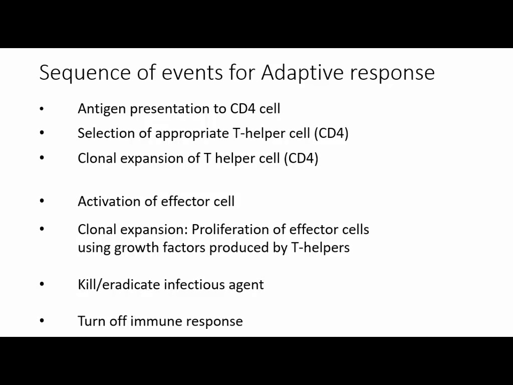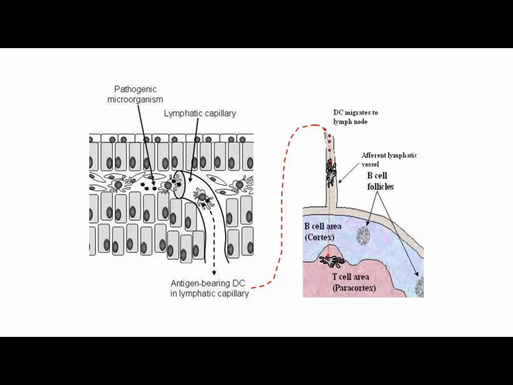MHC1 or MHC2? MHC2. So you see the problem here? We want to get help for a viral infection, yet generally speaking, viruses are presented on MHC1. But in this scenario, what we need is to present viral antigen on MHC2. Is that clear? I'm going to take you through that process.